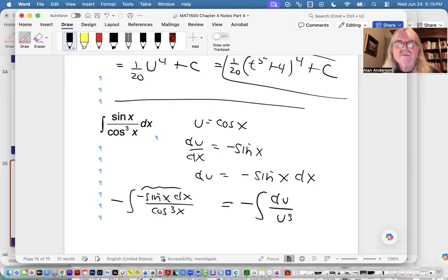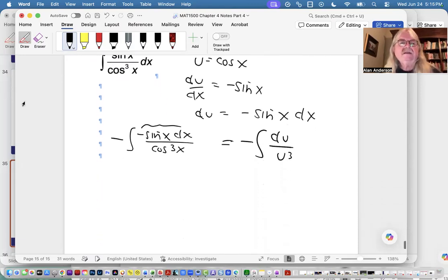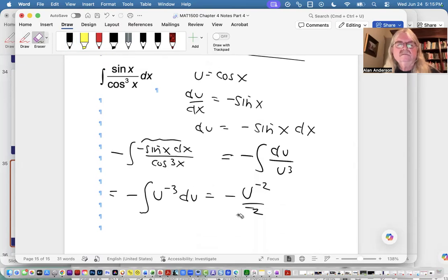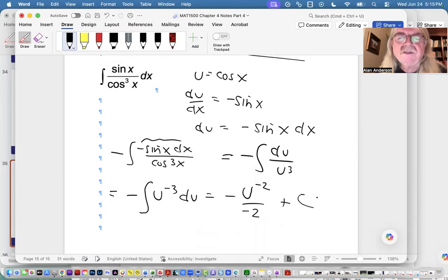And down here we have u cubed. All right, well, that won't be too bad. So rewrite it as u to the minus third, and the power rule tells us this is going to be u to the negative 2 over negative 2, plus, of course, the c.